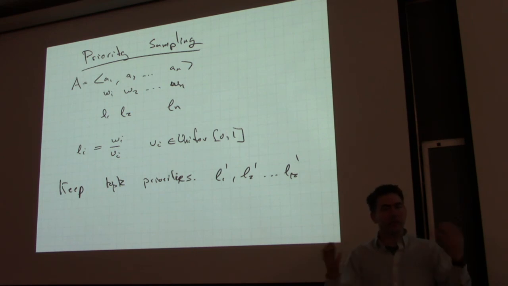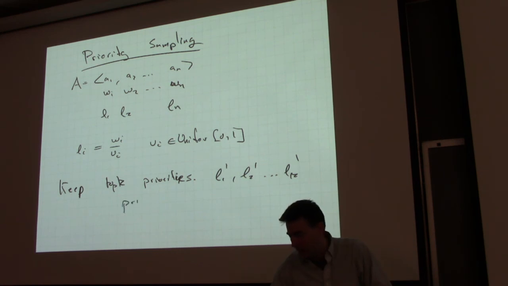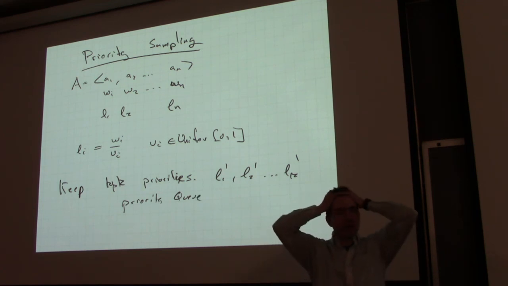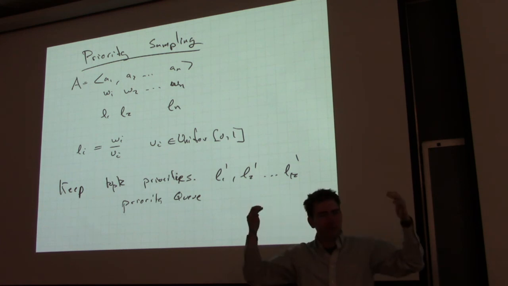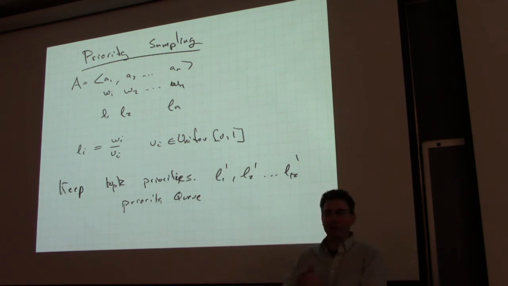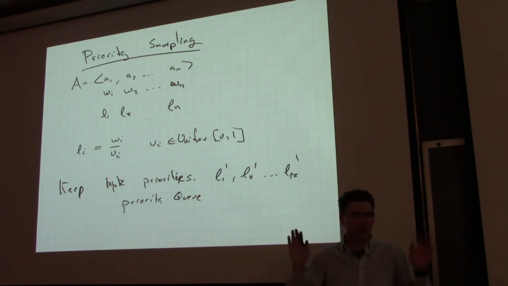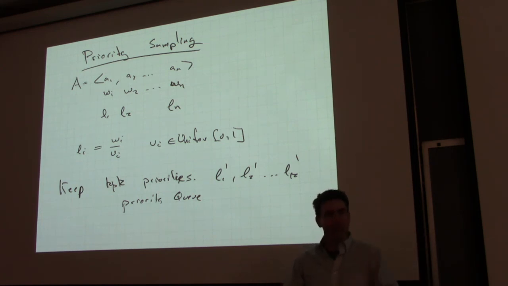So instead of sampling k independently, I can now just use a priority queue. You probably have learned about queues in a data structure class, and how to do these efficiently. Technically, they take log n time if you use Fibonacci heaps and so forth. You can implement them pretty efficiently.